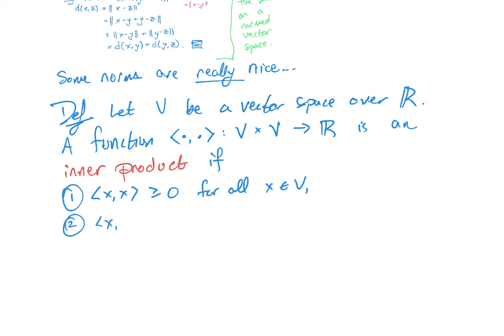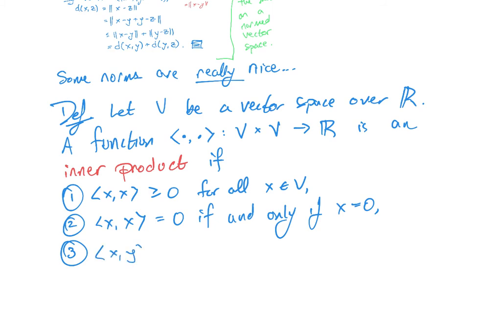Second rule, if that inner product of x with itself is 0, then x was 0. Third rule is symmetry. The inner product of x and y is the same as the inner product of y and x. And then you get a fourth rule.